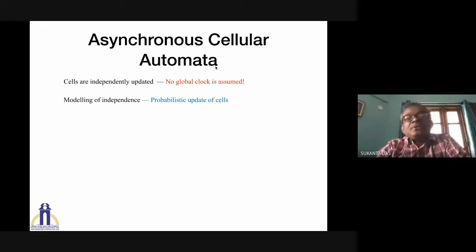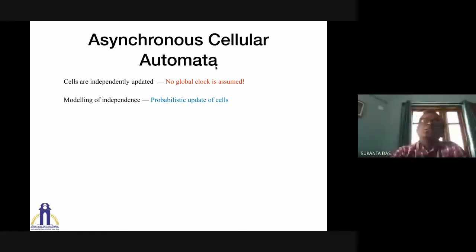You use probability. Using a probability does not ensure that cells are independent. But if I assign a probability to a cell and then run that automaton on my computer, then it is as if I am modeling independence, because the cells are not always updated.